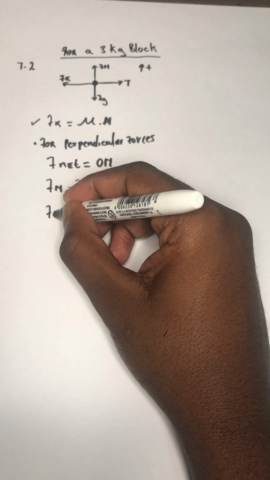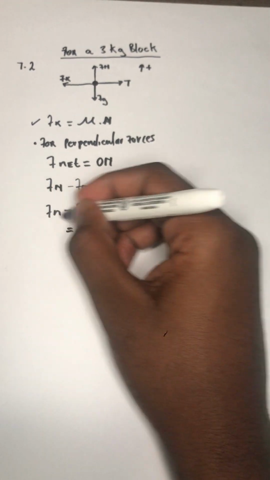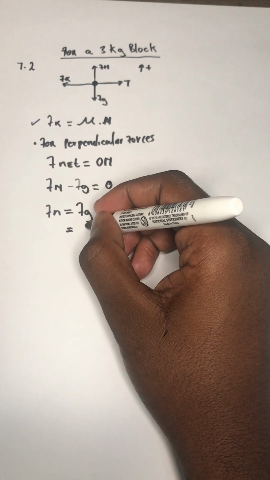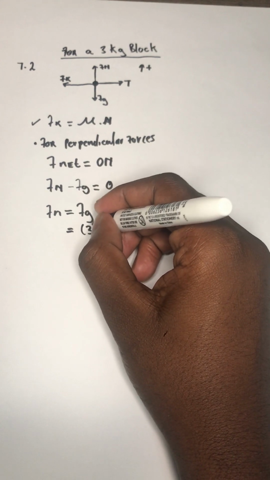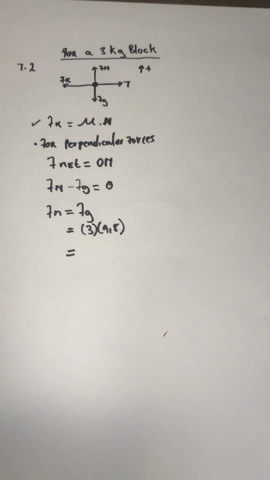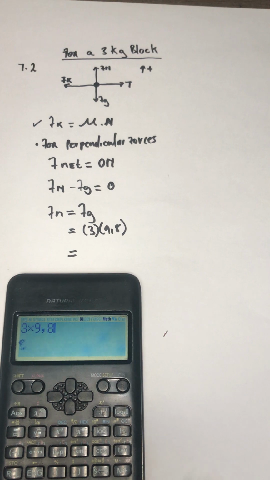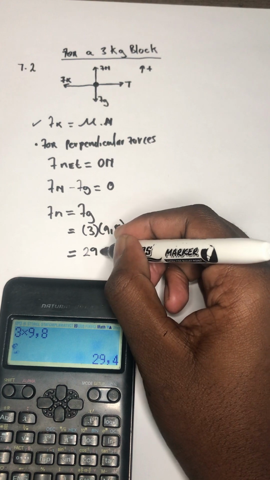Then Fn is equal to Fg. Fg is the force of gravity, which is mass times the gravitational acceleration constant. So this is 3 times 9.8, which is 29.4 newtons.